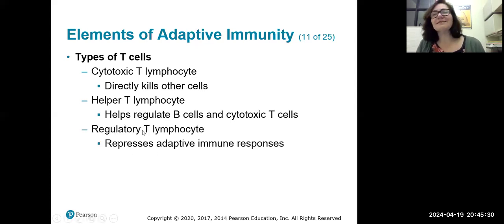And then the regulatory T cells or T lymphocytes, these repress the adaptive immune response. So once an infection has been cleared, these are the cells that kind of tell everybody, settle down, stop reacting to things. We don't have to make more copies of ourselves. We're done.